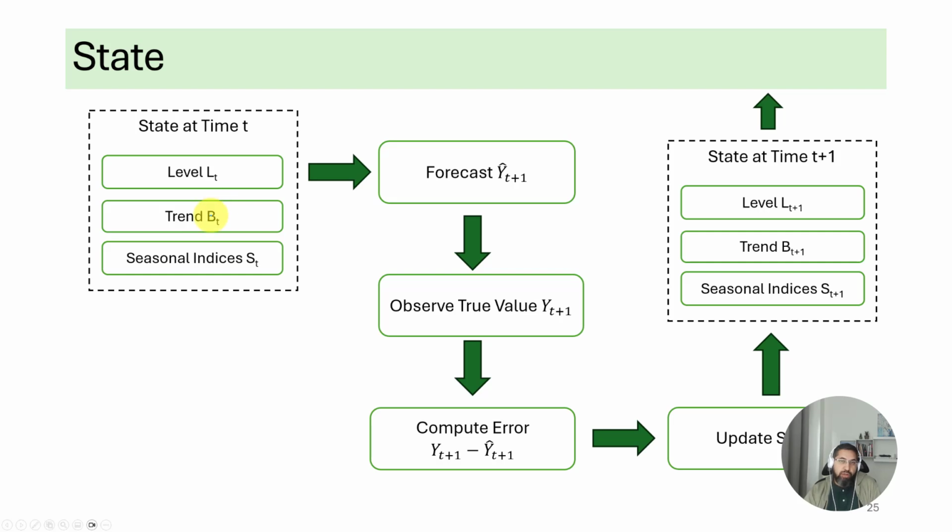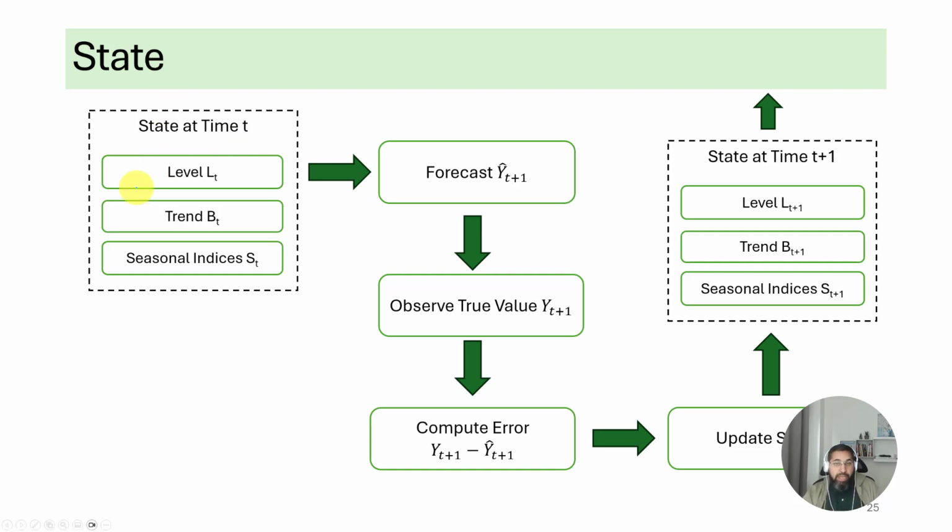You could use T, you could call it whatever you want, but historically the literature calls it B. So level is L, rate of change in level is B, and then the seasonal indices, different months or different quarters, how much are they above or below the mean? That's going to be captured by the S values. So whatever our most recent estimates of level, trend, and seasonal indices are, that's the state of our system.